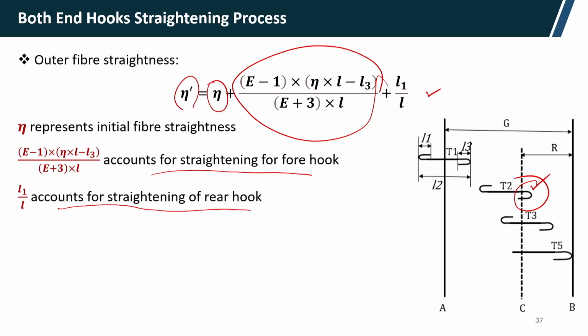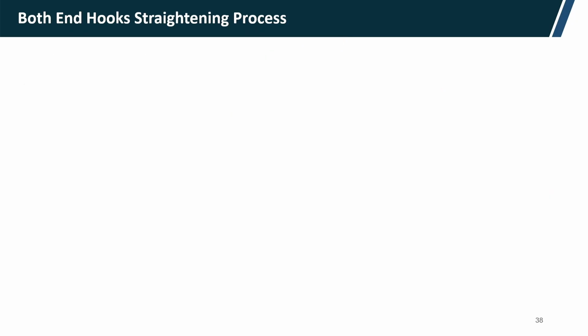So, when we talk about the output fiber straightness, we have to consider both the leading hook straightening and the trailing hook straightening factor.